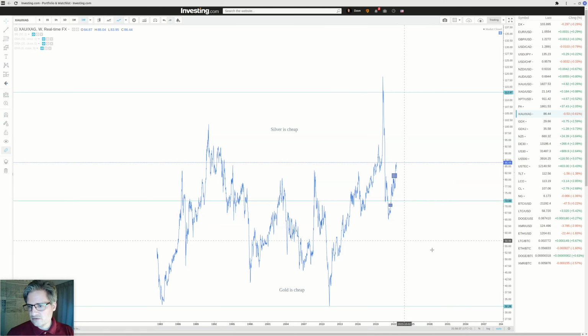So if the ratio is below 70 or 60, then I will start to exchange my silver for gold, and then I have gold, and if the ratio goes up again, like above 85, 90, then I will exchange my gold for silver again. And by doing this, in the long run, you will accumulate more and more gold. And in my opinion, gold is real money. Everything else is just paper and a promise to be paid in the future.